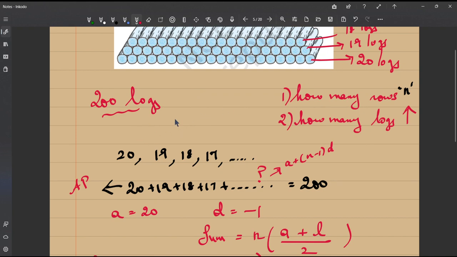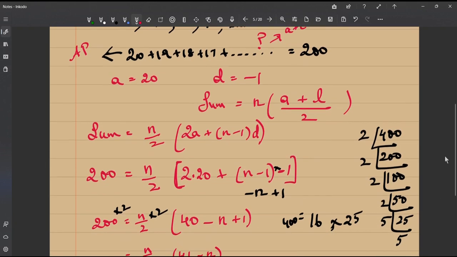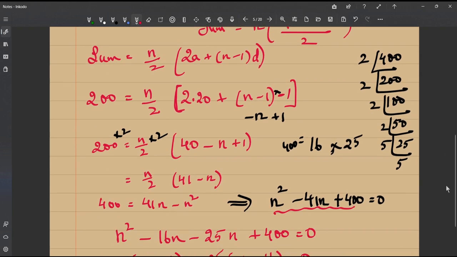The first row would contain just one log. So there can't be any row beyond 20 rows, or n can never be greater than 20. No, n has to be less than 20. So n is equal to 16 is going to be our answer for the first question.